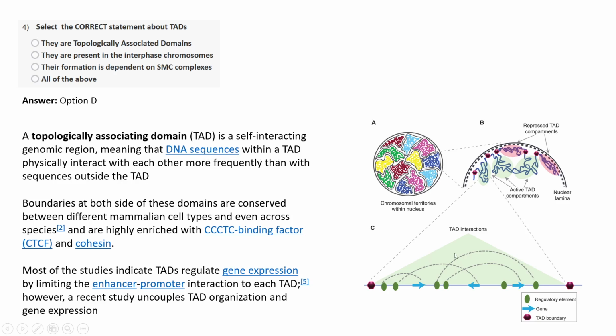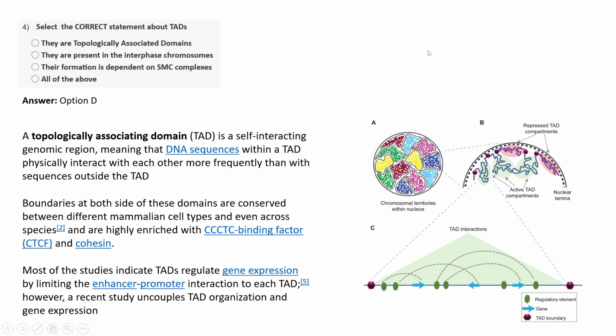So basically, for example, let's consider that this is a whole DNA sequence in which one enhancer is present over here, one gene is present over here, and another gene is present at a distance.